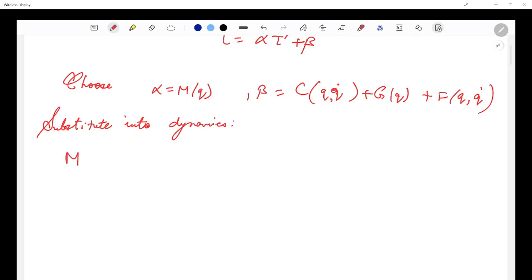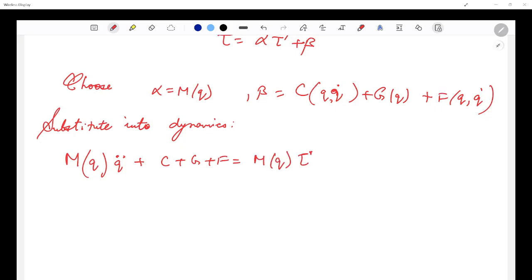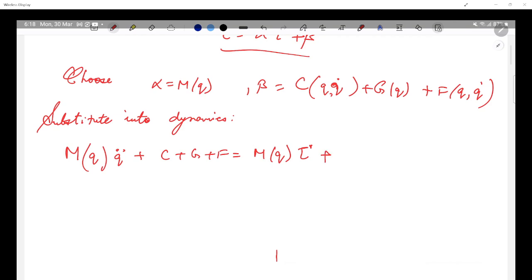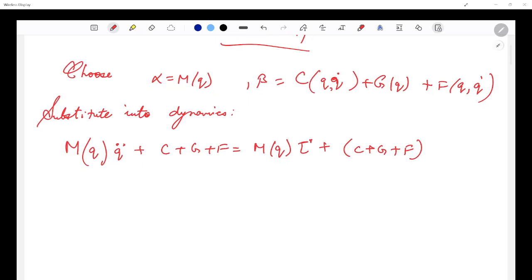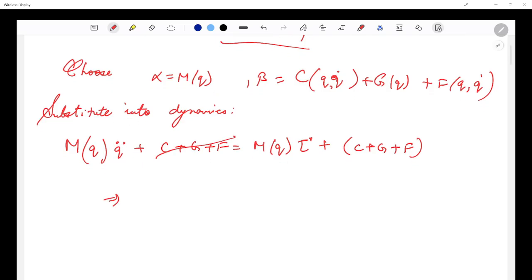Let's start with what we already have. On the left hand side we have M(q) q double dot plus C plus G plus F, and all of this was equivalent to, sorry, not 0, it was equivalent to torque. Now this torque can be replaced by M(q) tau dash, plus C plus G plus F. From here you see that these terms cancel out, and what do you get?